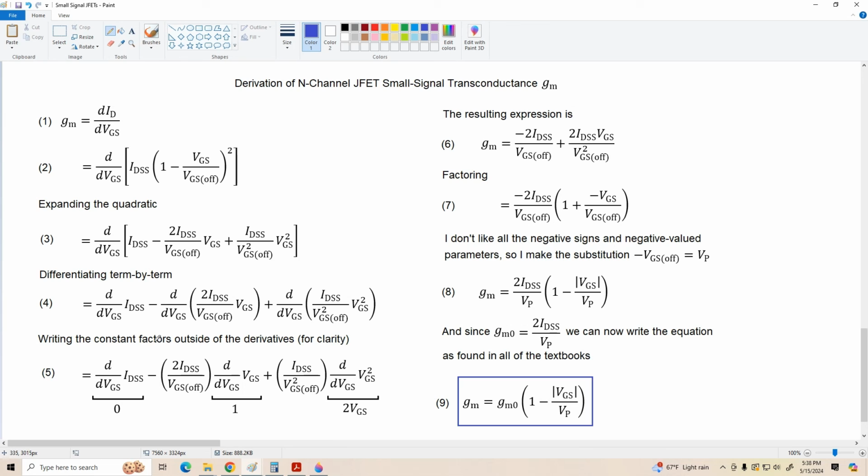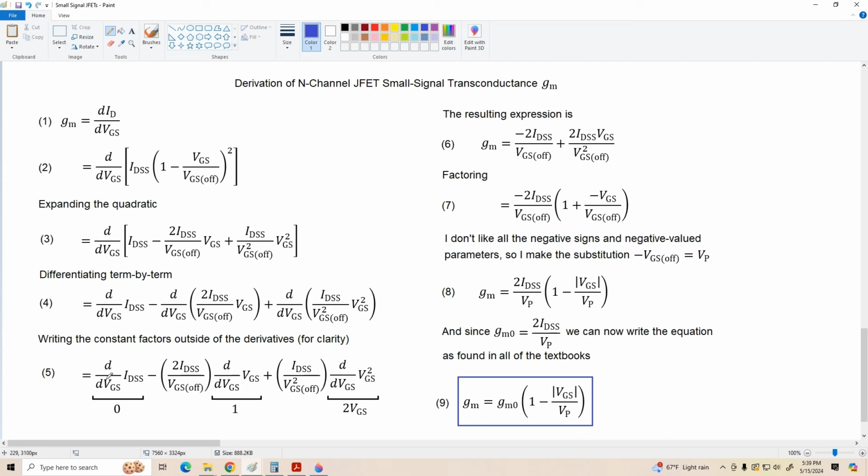Now, I'm going to bring the constant factors outside of the derivatives just to make things clear. There is no factor here other than IDSS, and the derivative of a constant is 0. In the second case, I brought out 2IDSS over VGS off, and now we're taking the derivative of VGS with respect to itself, and that's equal to 1. Then finally, we've got IDSS over VGS off squared times the derivative of VGS squared with respect to VGS, and that has a value of 2 VGS.